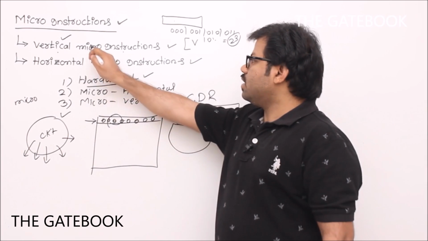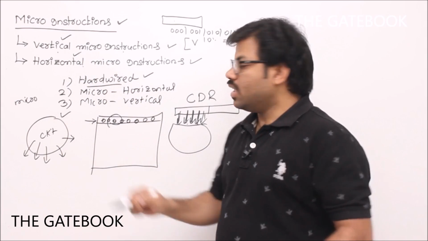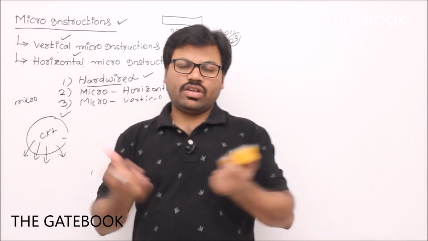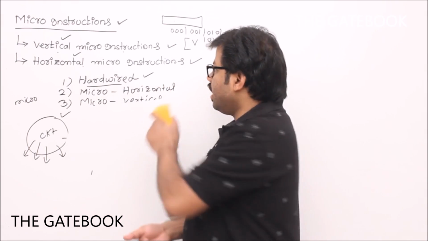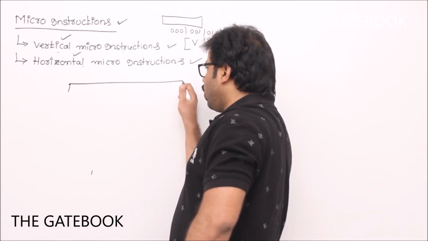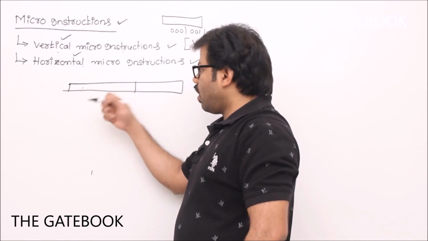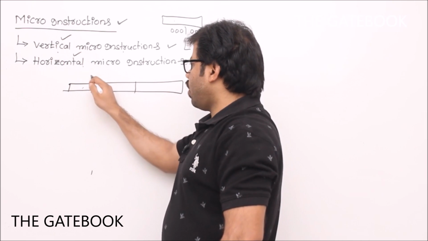Now we'll compare horizontal versus vertical. Which one is faster? Definitely horizontal. Why? Because in horizontal, directly after fetching the micro instruction, we are simply generating the signals, right? But in vertical microprogramming, after fetching the micro instruction, we were not able to directly generate the signals because we will be using compact form, correct?